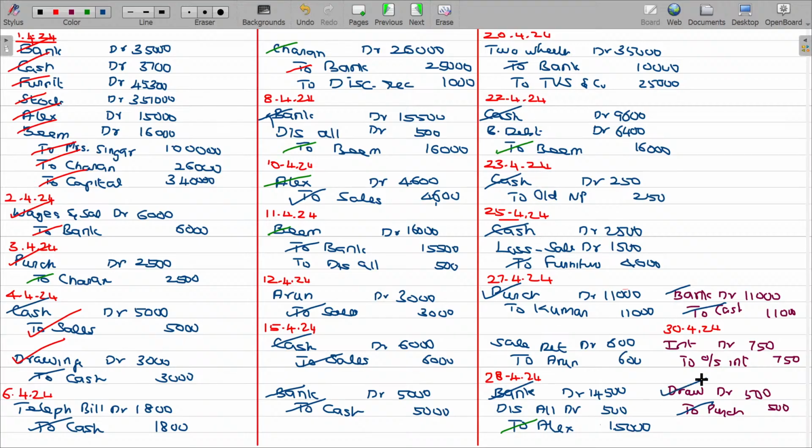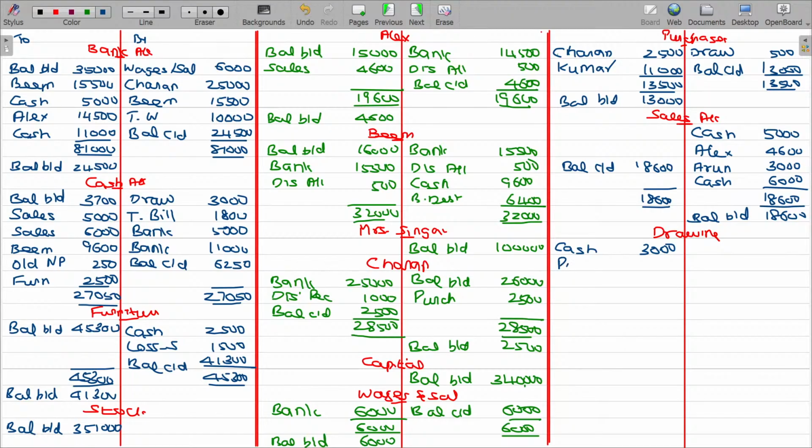Last one, to purchases 500. Total being 3,500. Balance carried on 3,500. Rewrite here balance brought down 3,500. Clear? Drawings over.